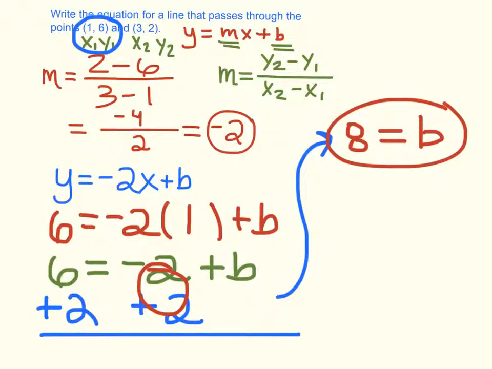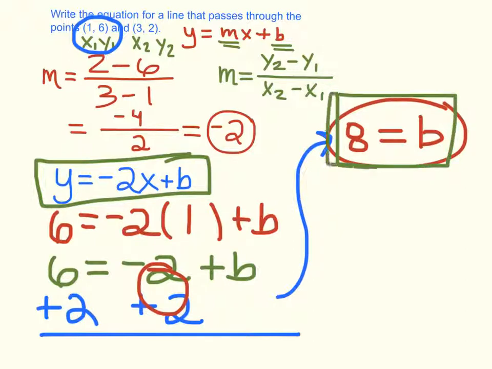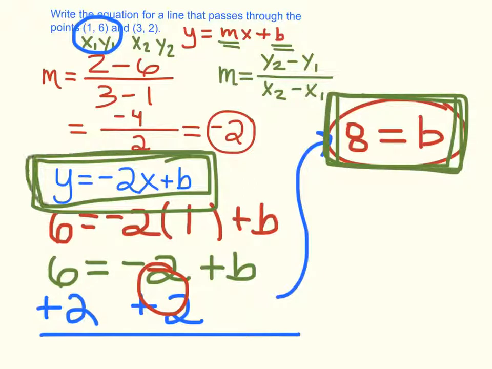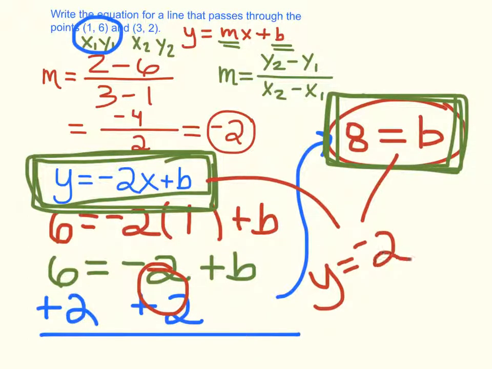So now we can look back at where we left off when all we knew was the slope. And now we also know the b value, or the y-intercept. So we're going to merge together these two pieces of information. And now we can write our final equation. Y equals negative 2x plus 8.